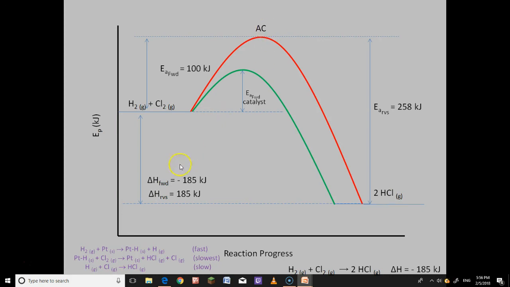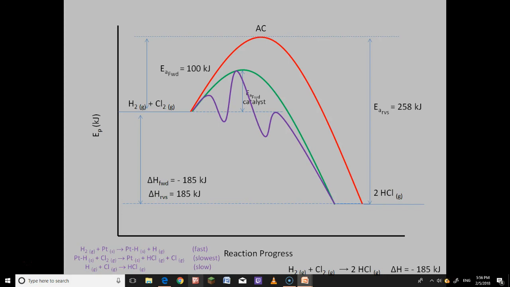And so what we can see down here in the purple is I'm proposing that my reaction occurs in a series of steps. I have 3 steps that it's occurring in, with the middle step being the slowest. So I can take this region where I showed my catalyst and break it up into 3 peaks, 1 peak representing each step in my reaction mechanism.